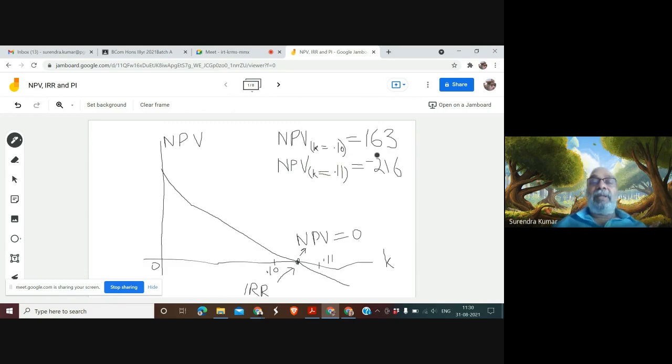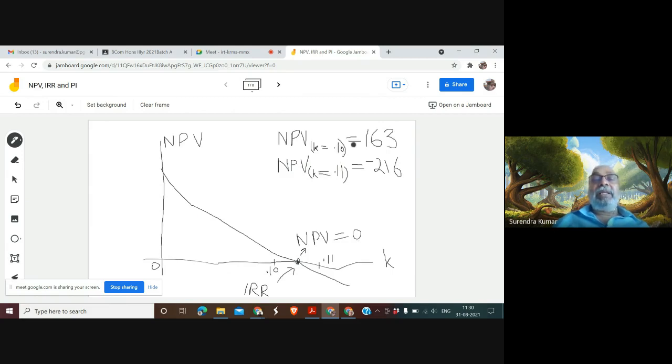So if I say it in summary, net present value we find out by discounting the cash flows using a particular discount rate. And for internal rate of return we find out the rate at which NPV becomes 0. So using trial and error, we have arrived at these two rates which are very close to each other with a difference of just 1%.